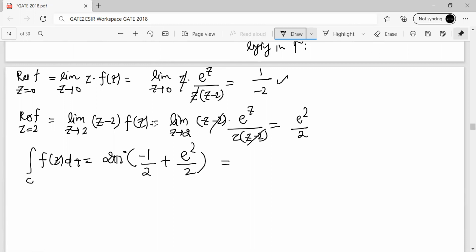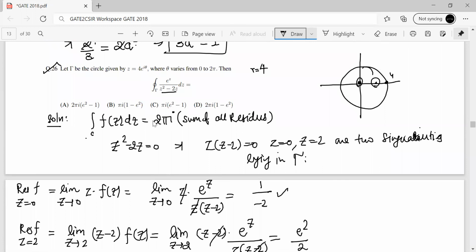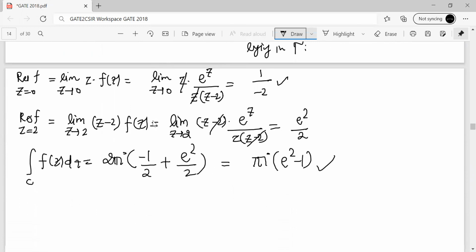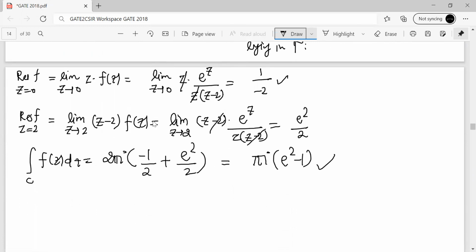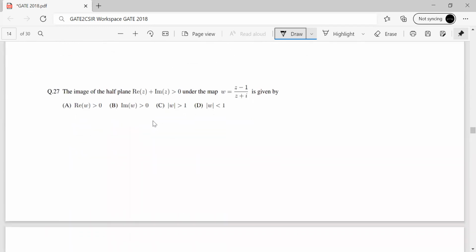Very nicely, I can write this, the 2 gets cancelled, and I simply have pi i times e square minus 1. So the answer is C, pi i times e square minus 1.